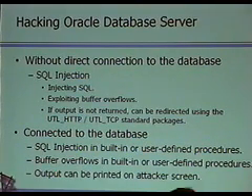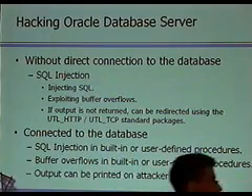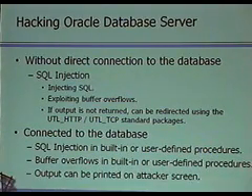With this, he can inject SQL commands, exploit buffer overflows of some packages that are installed by default in the database server, and the output can be redirected using the networking packages such as UTL_HTTP or UTL_TCP.